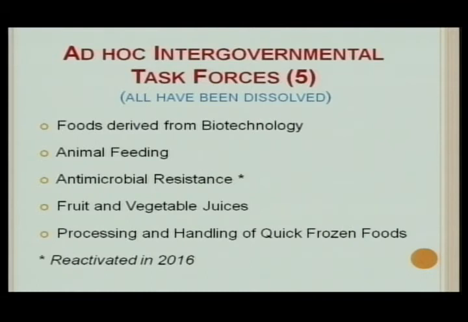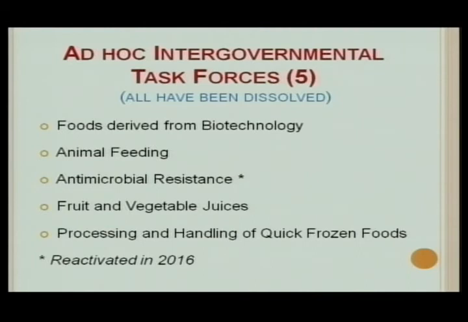All these task forces have been dissolved because they completed their work, but very recently, because of the recent surge in antimicrobial resistance, a lot of countries have expressed concern. This has been discussed in the World Health Assembly recently in May. All countries are concerned about the inappropriate use of antibiotics by consumers.